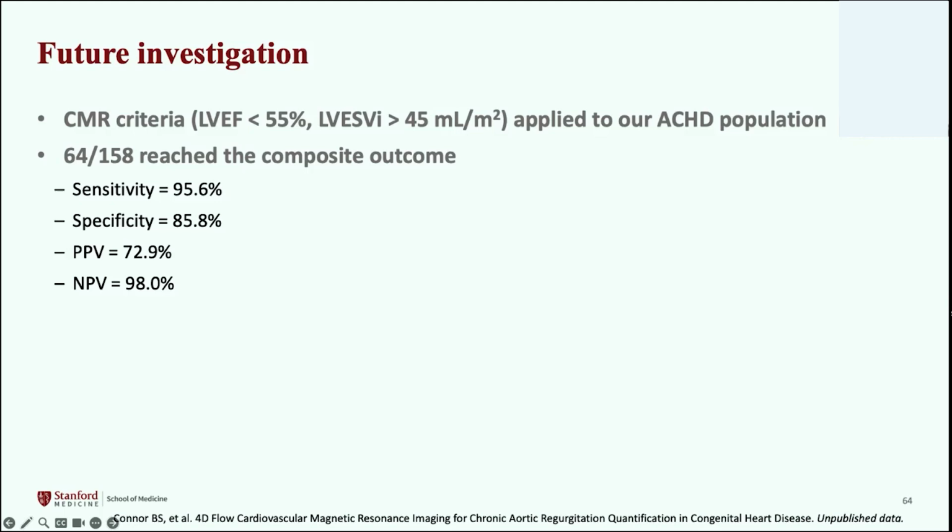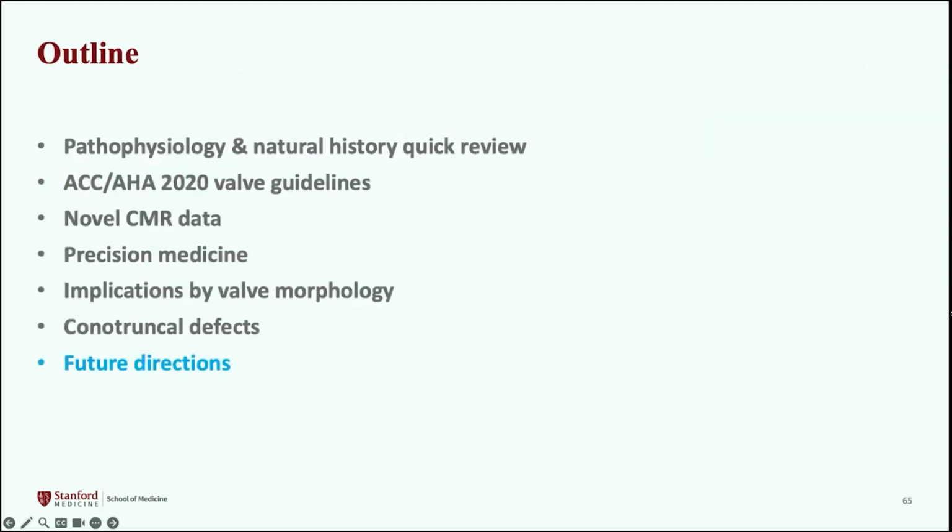And if we look at those who were clinically monitored, 13 of them had heart failure, clinically significant arrhythmias, death, or transplant, and 85% of those would have been referred if you'd used MRI criteria, whereas only one would have been referred with our more historic echo criteria. So I think some provocative food for thought in terms of what we should use as our thresholds in both the general cardiology population as well as the ACHD population.